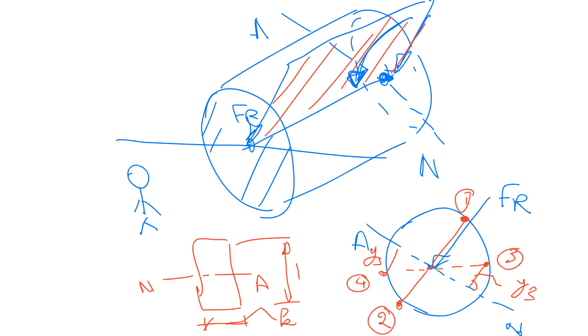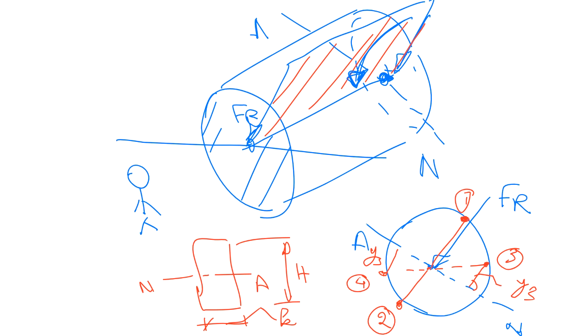What will be your I here in this case, guys? 1/12 k times h cubed. Do you agree? Khalid, do you agree, guys, that it's 1/12 k times h cubed? Yes.